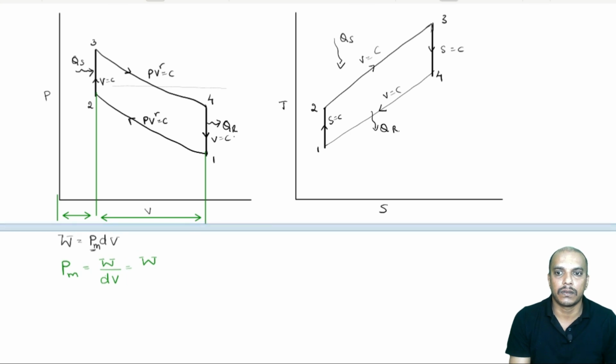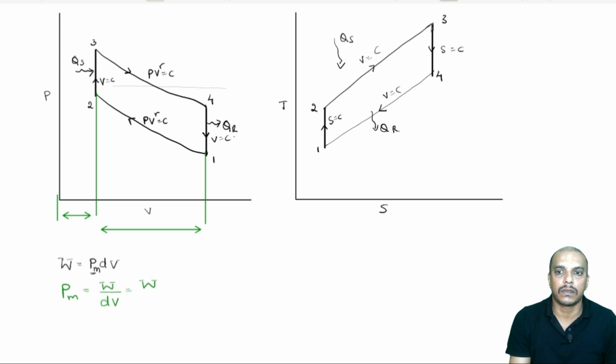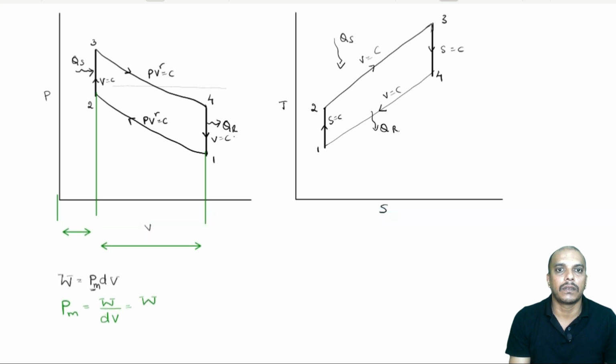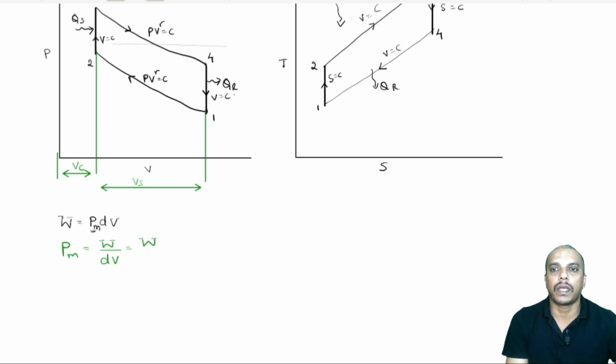Okay. So, this is our swept volume, from here to here. This is our clearance volume, from here to here. Now, swept volume can be written as V1 minus V2.